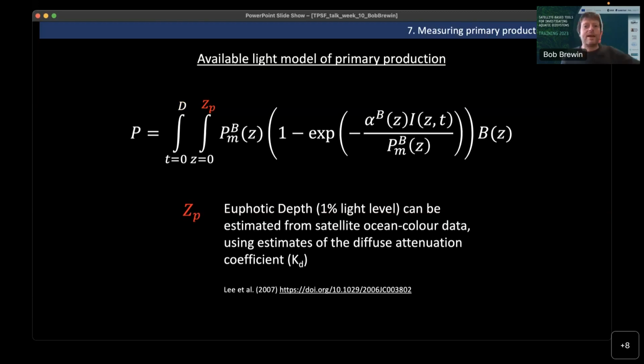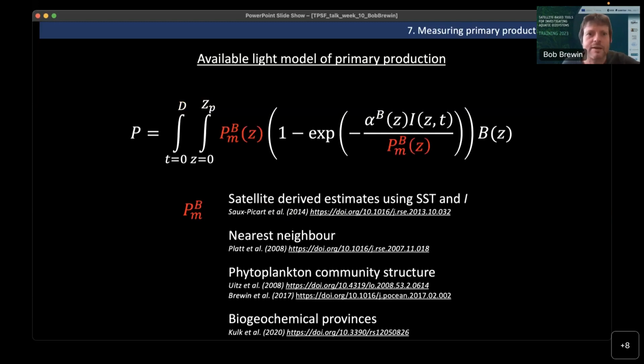And again, this can be estimated pretty well from satellite ocean color data, actually. For example, using estimates of the diffuse attenuation coefficient, and the euphotic depth is now a sort of standard product actually produced by many space agencies. So day length and euphotic depth we can get quite well from satellite.